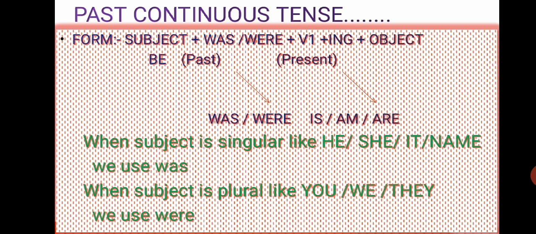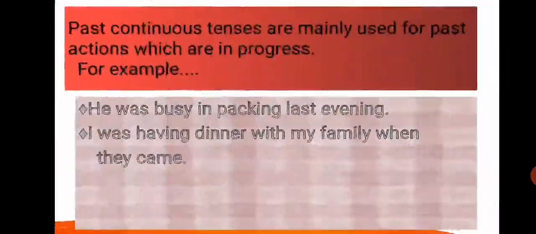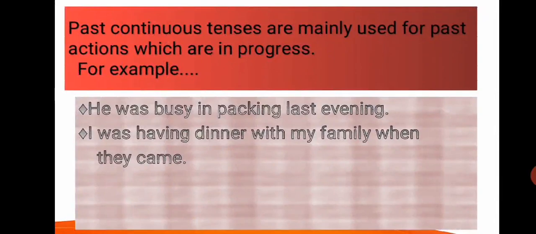Now, let's understand the uses of past continuous tense. Past continuous tense is mainly used for past actions which are in progress. That means if we say some work was happening in the past, we use past continuous tense.